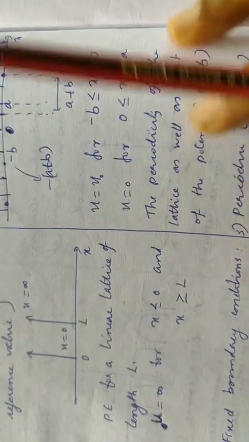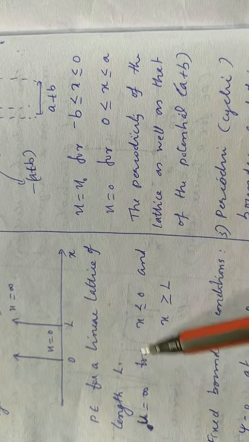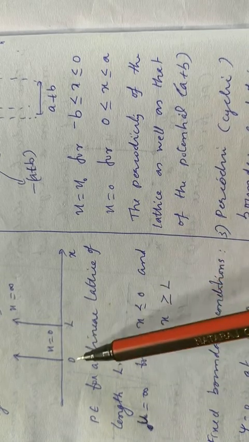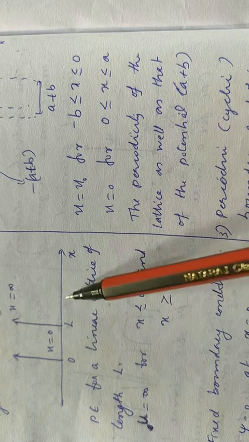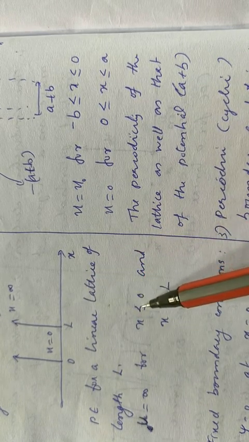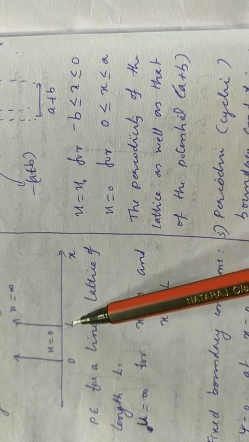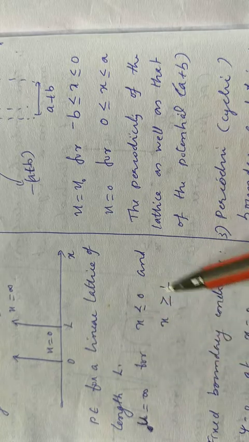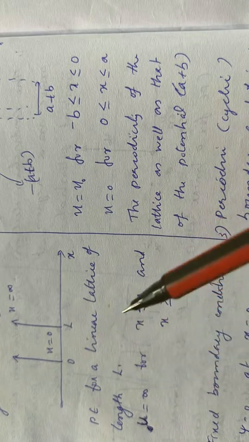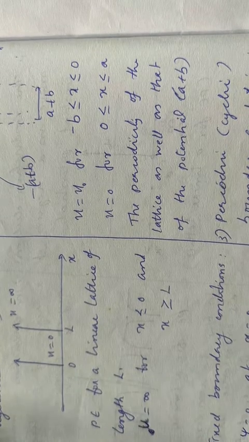So potential energy for linear lattice of length L, U is infinity for x less than or equal to 0, that is outside this region, and at 0 and less than 0, and at L and greater than L. This potential is infinity, and inside it is treated as 0 instead of as a constant potential.